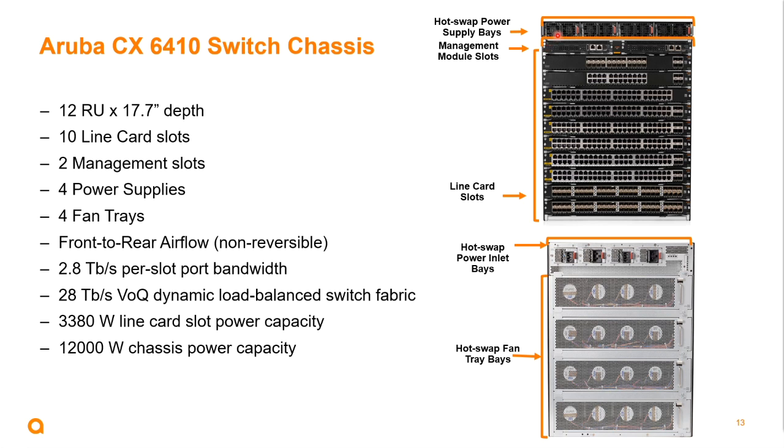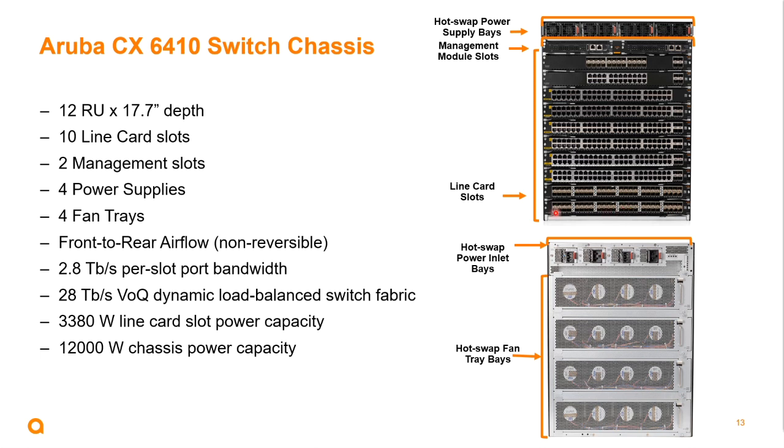We have the power bays at the top, all 4 of them, with the reciprocating matching modules at the rear, 4 of them. And then we have the management modules, slot 1 and 2, and then line cards starting at slot 3 and finishing off at slot 12.